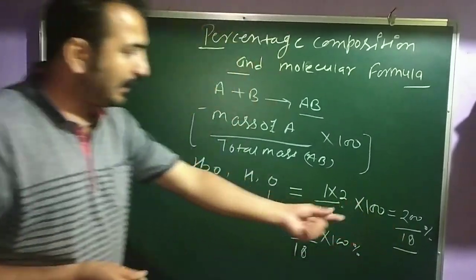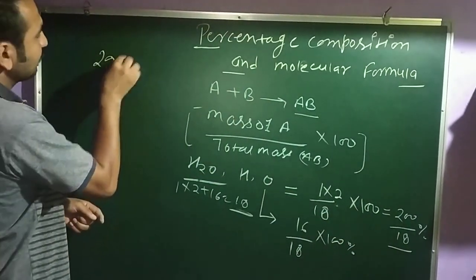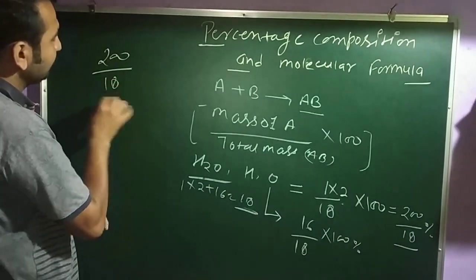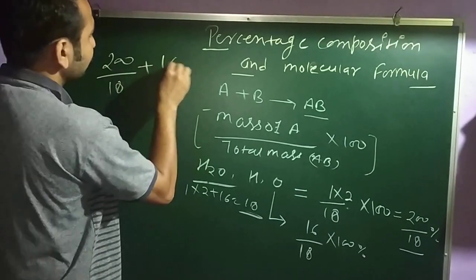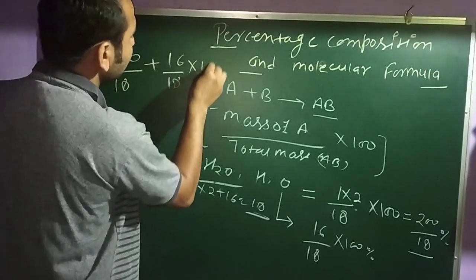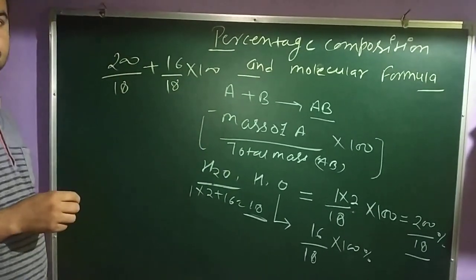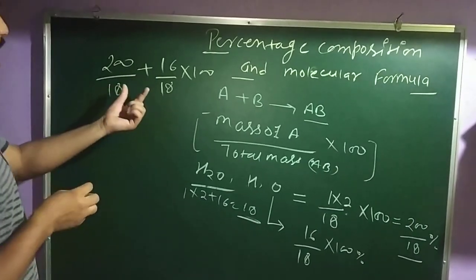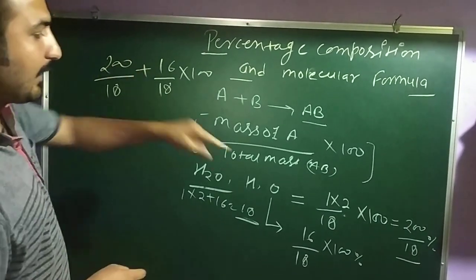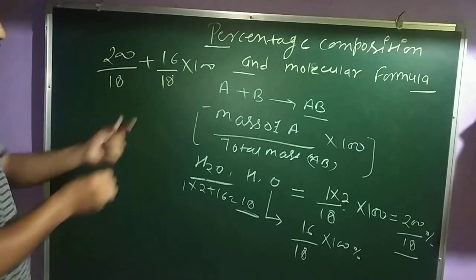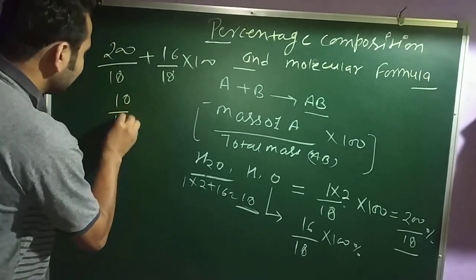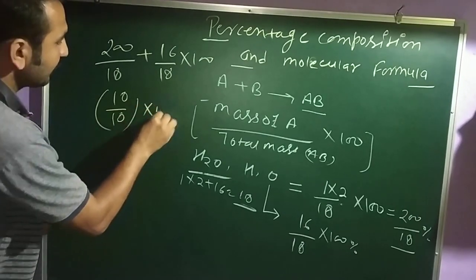So we will add first: you have 200 upon 18 plus 16 upon 18 into 100. Clear? So add this one. We'll write in a simple manner, 2 upon 18 and 16 upon 18. It will come 18 upon 18 into 100, as 100 is common.